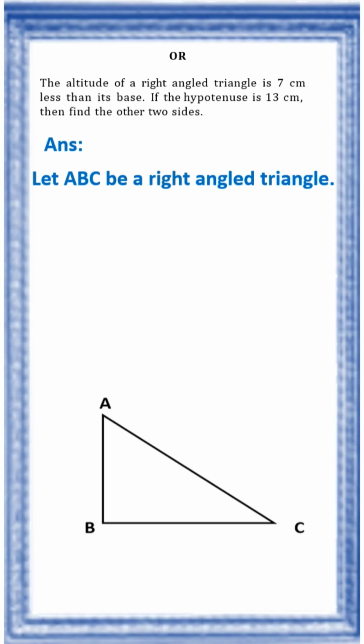According to the question, if the base is x, then this is x minus 7 because the altitude is less than the base. Or if you keep this one as x, you can name this as x plus 7, but you will get more and more confused. So keep this one as x, BC as x and AB as x minus 7.